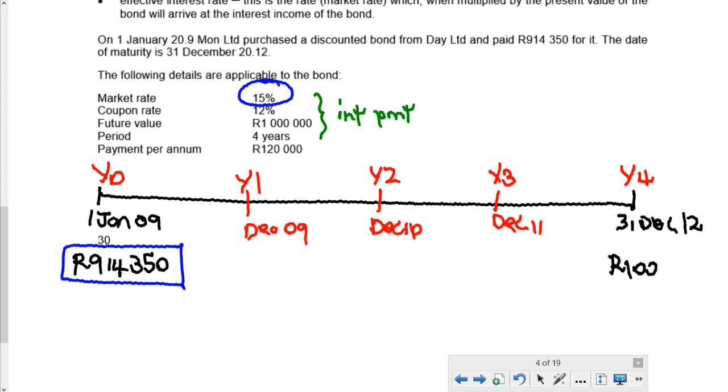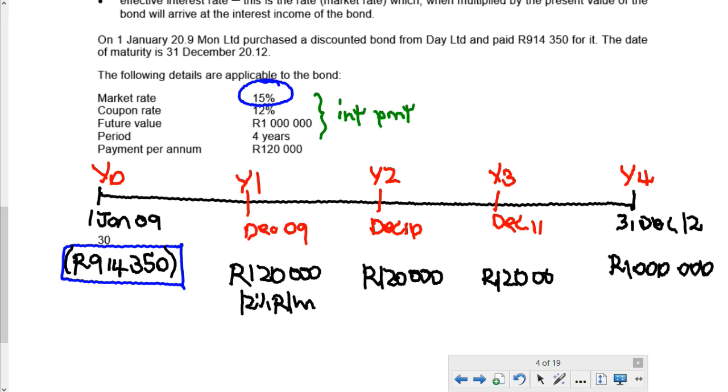So in 4 years' time, I'm going to get R1,000,000 cash in. I paid 914,350 today. I'm going to get R1,000,000 back. And every year, I'm going to receive 12% of that million, 120,000 Rand of interest.